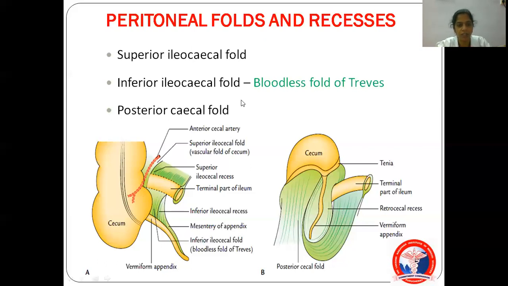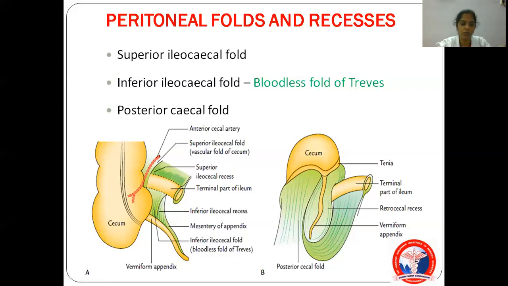So this fold is also called the bloodless fold of Treves. During surgery, if you approach through this fold, the blood loss will be very less, so usually it is approached through that. So this is about the peritoneal folds and recesses.